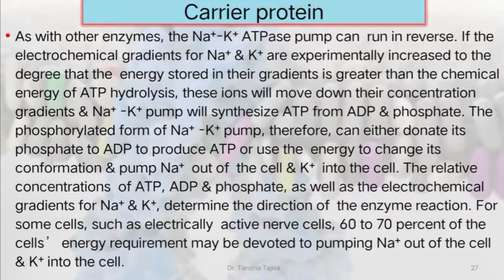The relative concentration of ATP, ADP and phosphate, as well as the electrochemical gradient for sodium and potassium, determine the direction of the enzyme reaction. For some cells, such as electrically active nerve cells, 60 to 70% of the cell's energy requirement may be devoted to pumping sodium out of the cell and potassium into the cell.